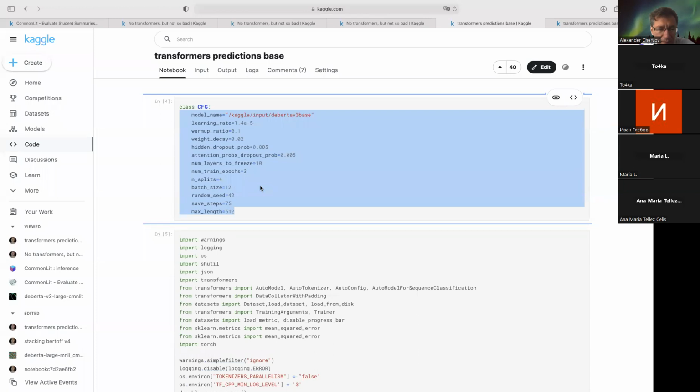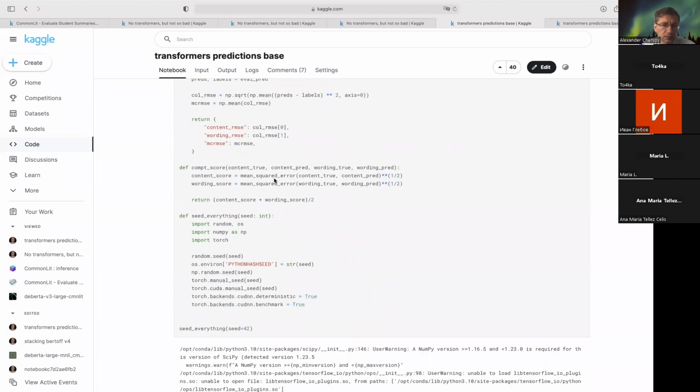If you would like to get a new model or change something, this is the only cell you have to change. For example, if you change the name of the model, you will train another model, for example BERT or DeBERTa V3 large. Below are other hyperparameters: learning rate, number of train epochs, weight decay, and other things.